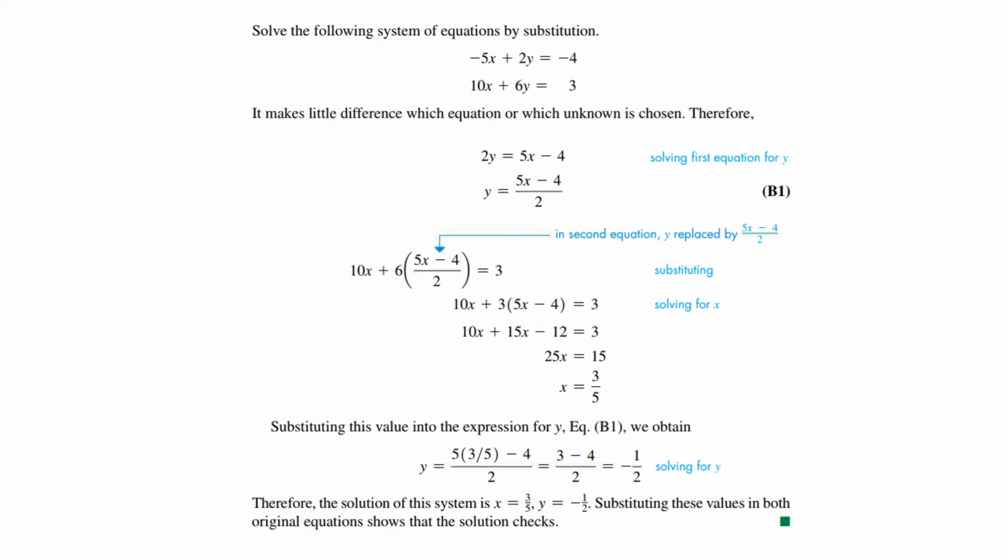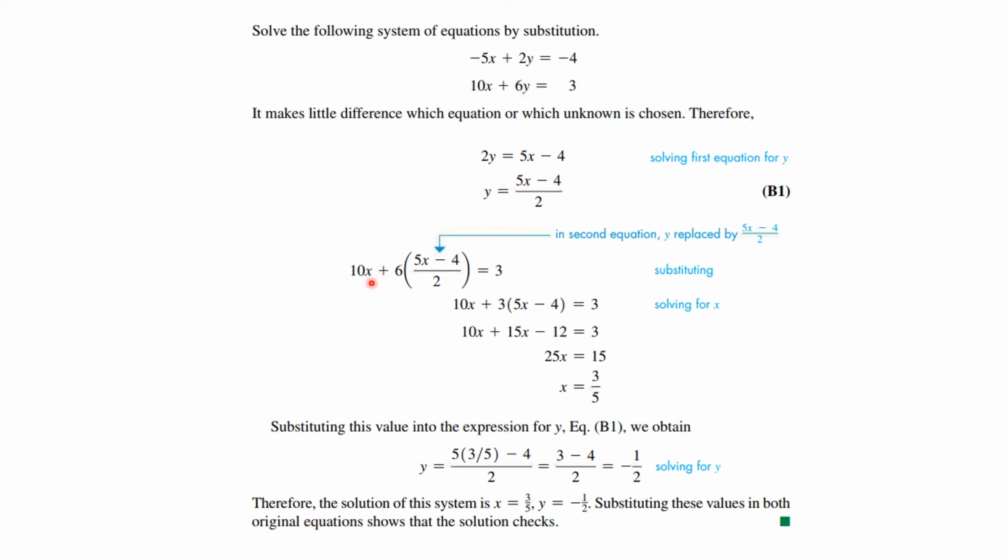Here's another example, solving by substitution. Now, in this case, it is not as easy to solve for one of the variables. But we're going to solve for y in the first equation. The first step is we would add 5x to both sides, and then we would divide all the way through by 2. So we know that y is equal to (5x minus 4) over 2. Now I take that and put it into the second equation everywhere I see y.